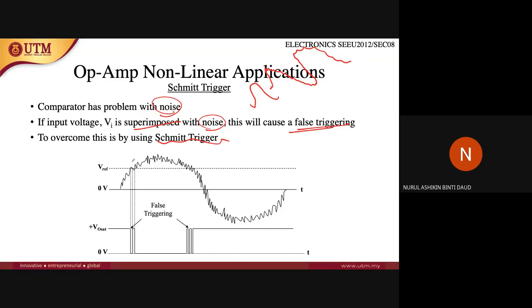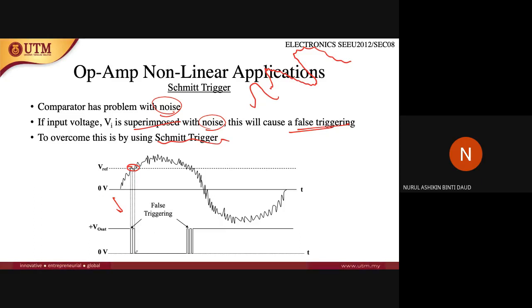If this is not solved, you will get a false output signal, which you can see at this point. For example, the reference is at this point. Some of the values are a little bit higher than V reference, and some are a little bit lower than V reference.